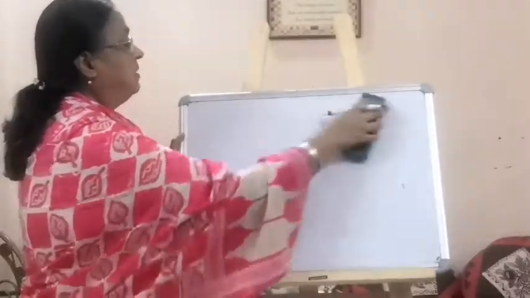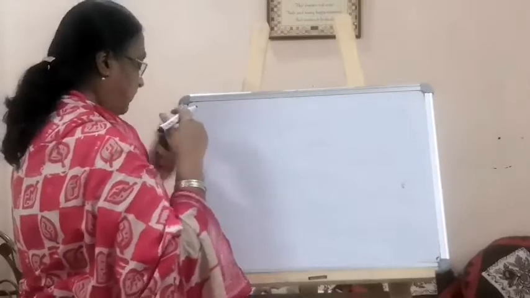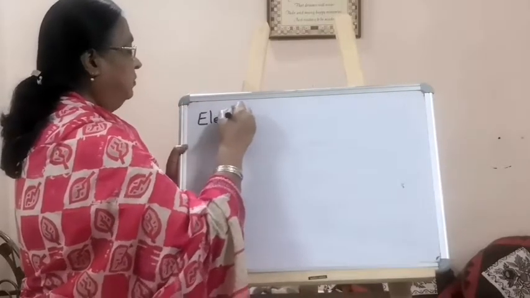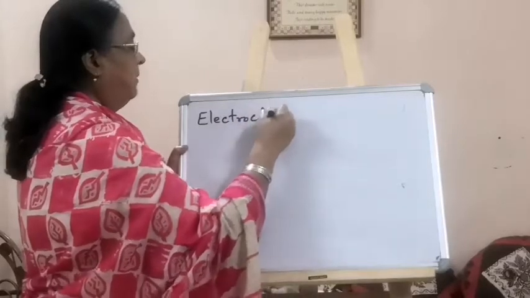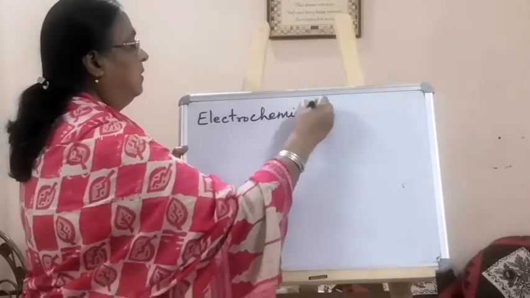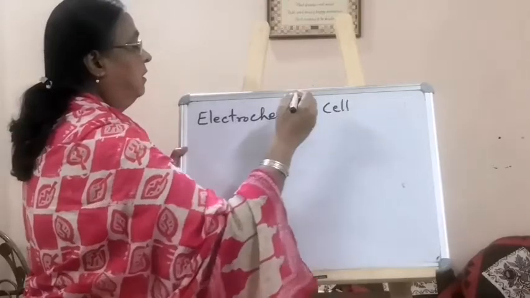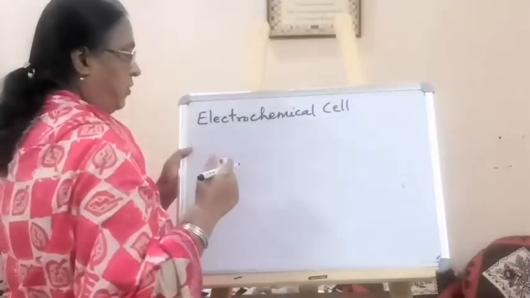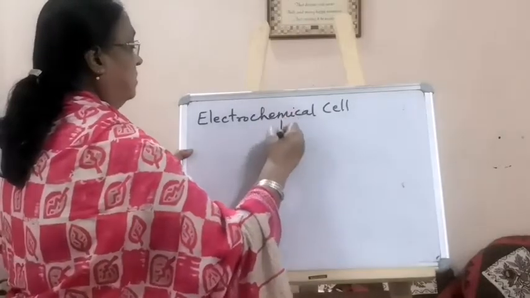So in electrochemistry mainly we will be emphasizing upon the electrochemical cell. Electrochemical cells are of two kinds.